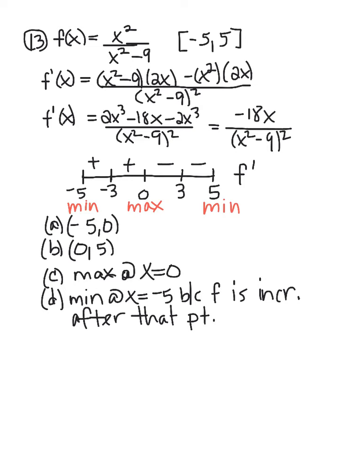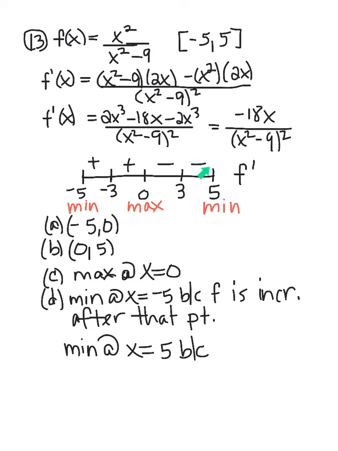Now, unfortunately, you have to write another sentence for x equals +5 because the explanation there is going to be a little bit different. So we have a minimum at x equals +5, and now let's go back and look at that. Okay, so remember, our function, I'm going to start over here, is increasing till we get to here, and now it starts decreasing.